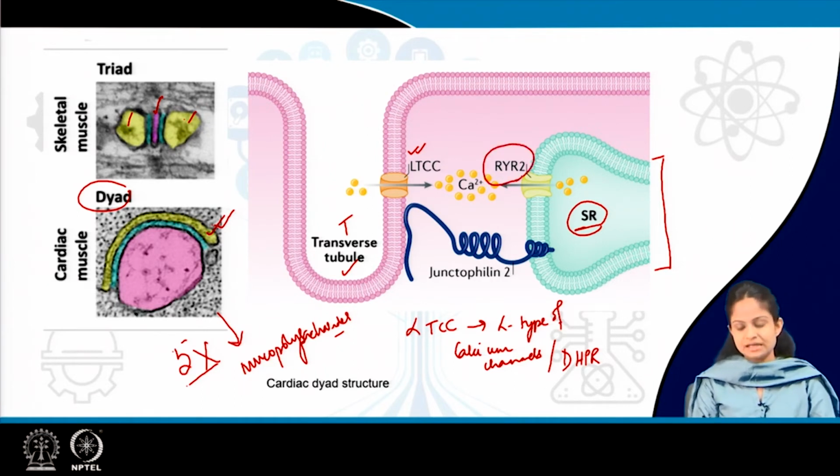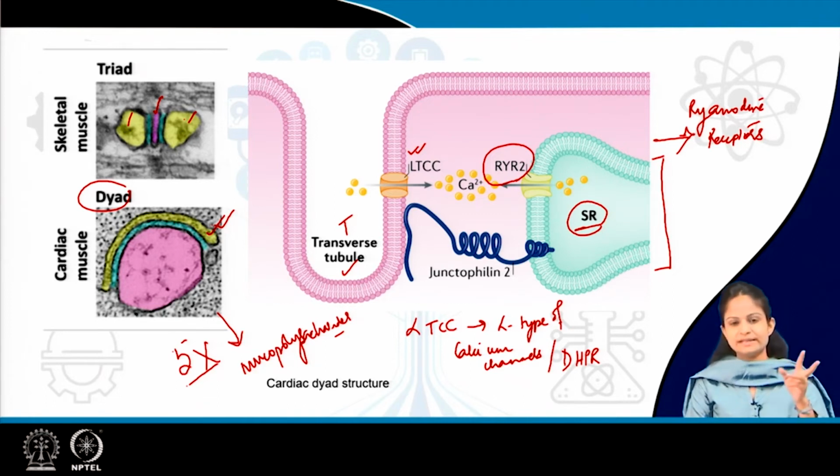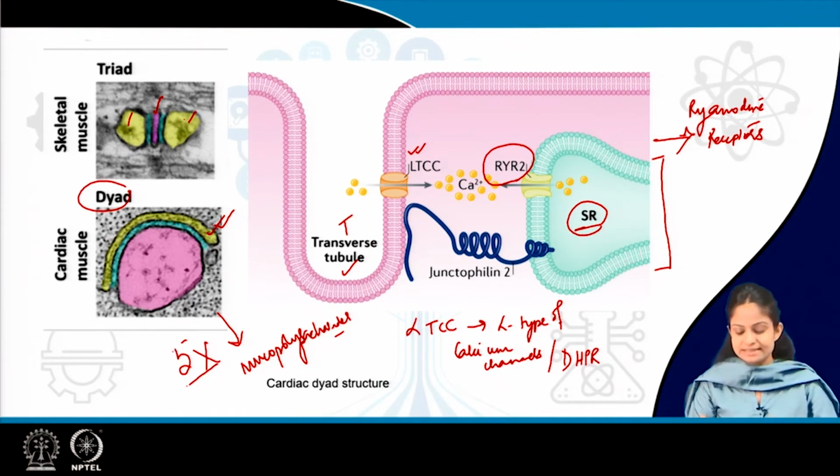Now, the second channel protein, present on the cisternal surface of the sarcoplasmic reticulum, is RYR2, which is nothing but the ryanodine receptor. So, we have channel proteins. These two channel proteins are very specific: T tubules bear the L type calcium channels, and the cisternal end of the sarcoplasmic reticulum bears the ryanodine receptors.